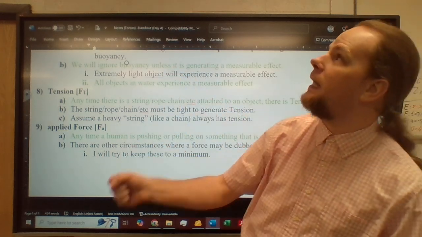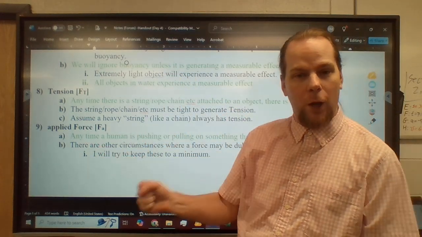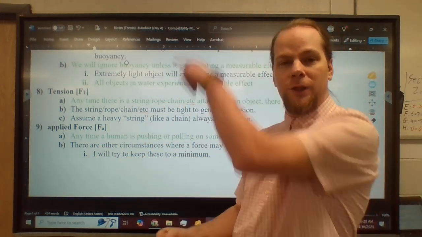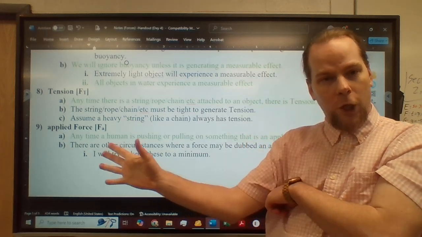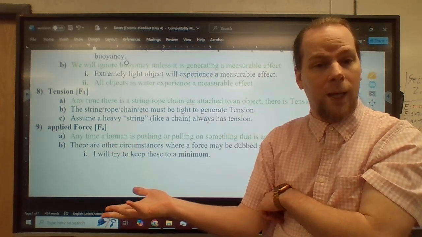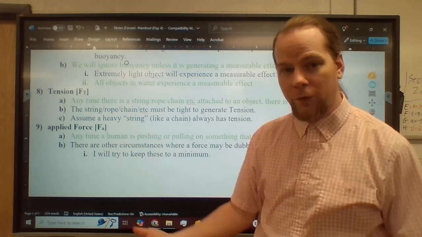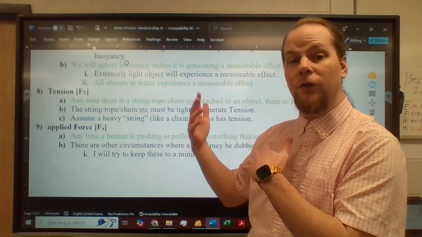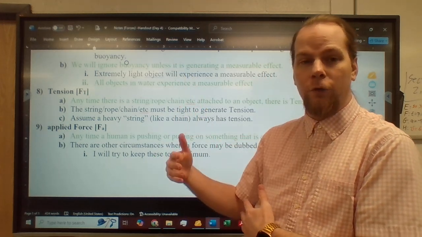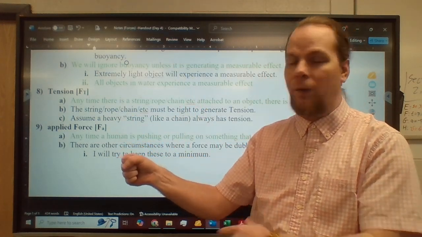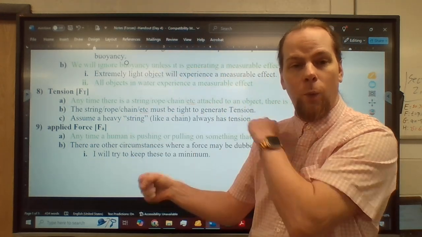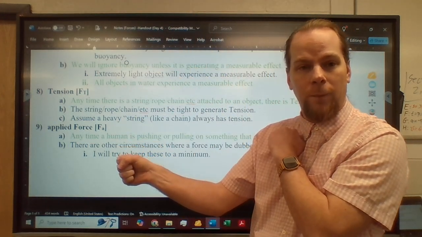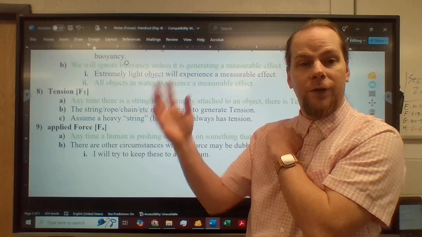For example, if I'm holding onto a balloon, there is tension in that string. When I let go of the balloon, that tension goes away. I'm no longer exerting a force on that balloon. The tension is gone. So the tension goes away unless that is connected to something. That string is tight when I'm holding on to the other end of the string. But when I let it go, the tension goes away.